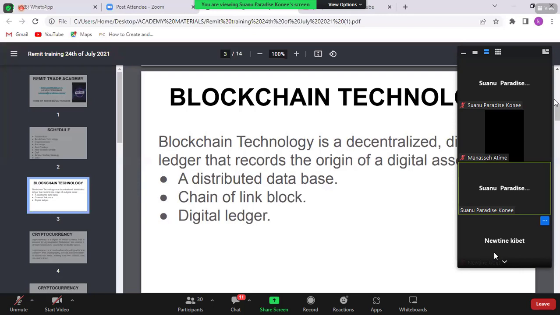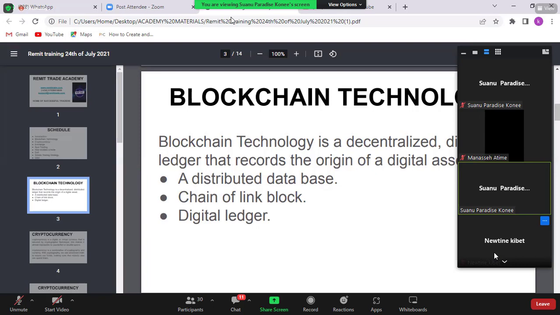Now, you need to understand something. Why is it called a blockchain? It is a compound word formed from two words, right? Block and chain. So block and chain come together to form blockchain. So it is a series of database stored in a block connected by a chain.